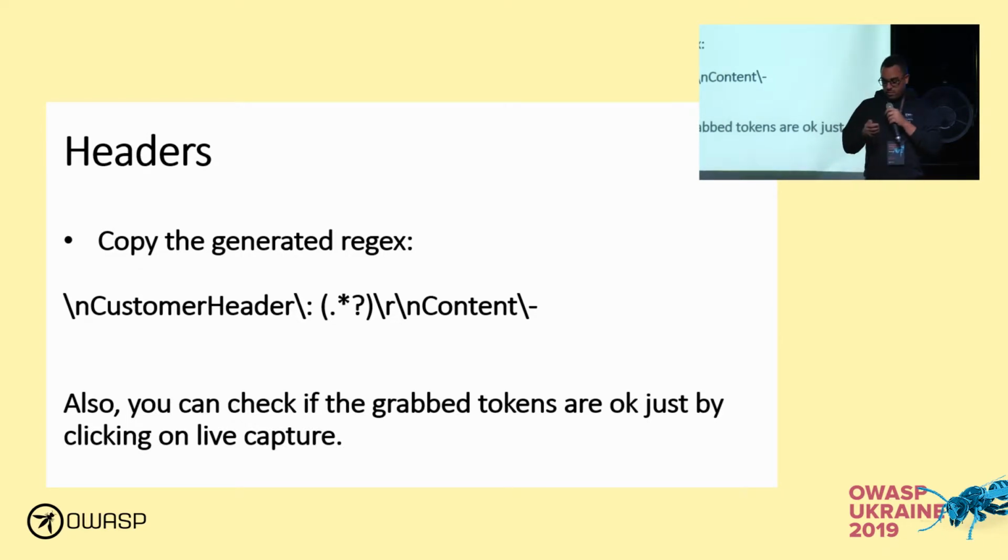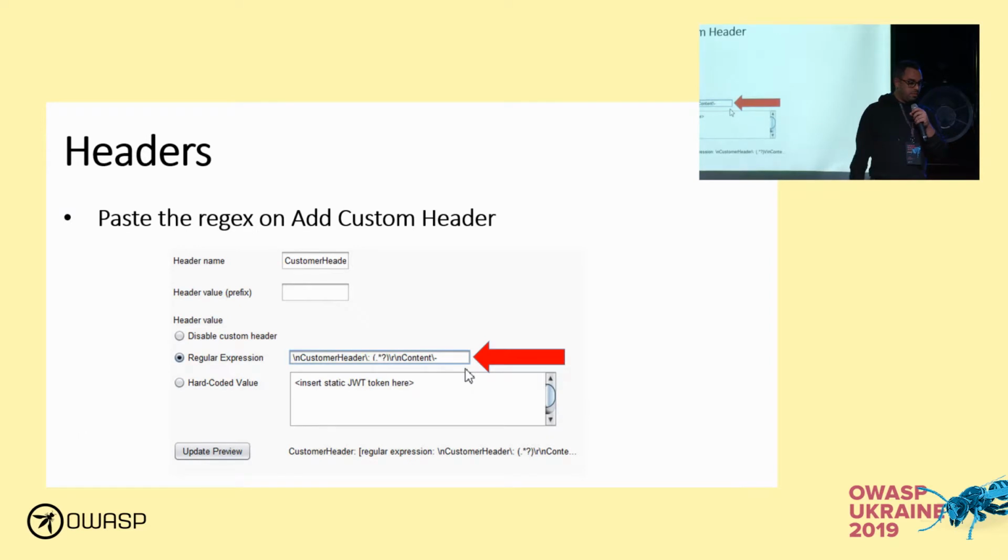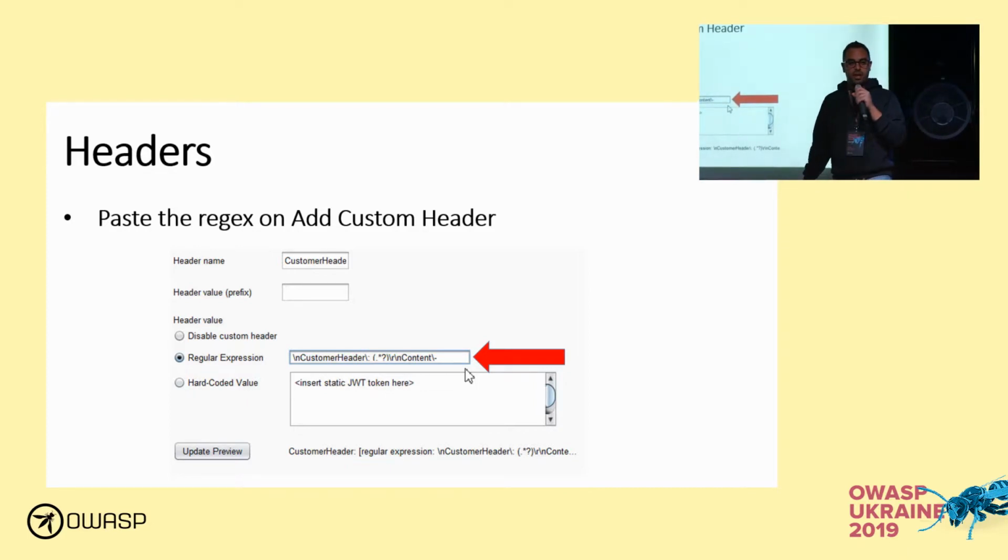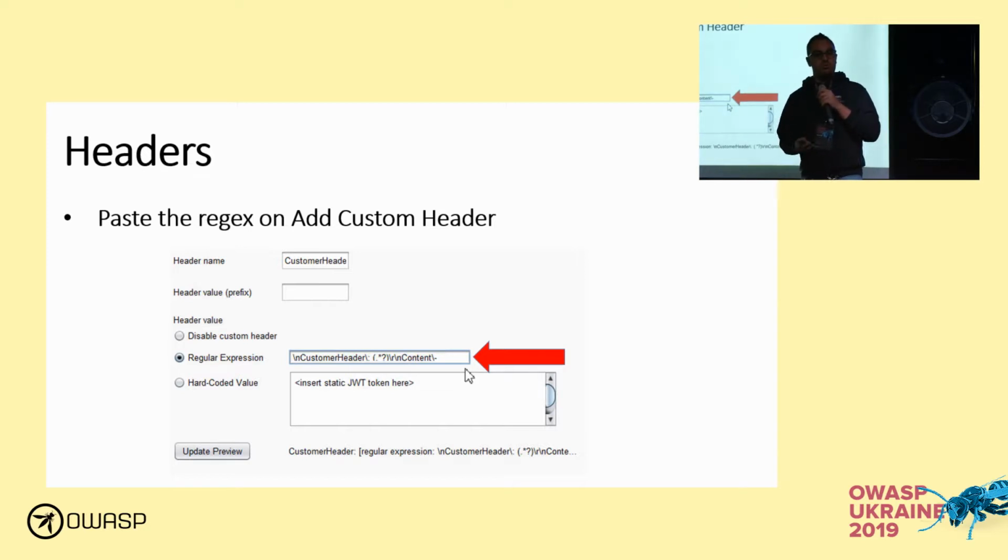After that, just paste the regex here. It's easier than using Python or creating an extension or a script, everything inside Burp. The idea when they started to write this talk was to use only Burp to do stuff, because sometimes you don't have all the tools you need, and if you have Burp, then you can use only Burp to do that.